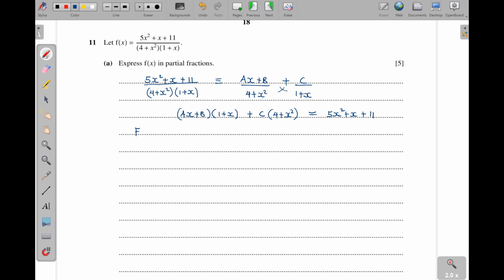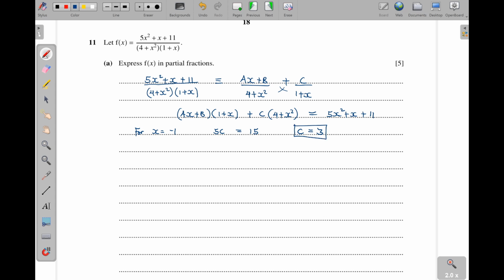For x equal to -1, when you square -1, it will give you a +1 plus 4, that is 5c. And then on this side, -1 squared is 1, so we have 5 minus 1, that is 4, then 4 plus 11, that is 15. Meaning when you divide all through by 5, our c is going to be equal to 3.